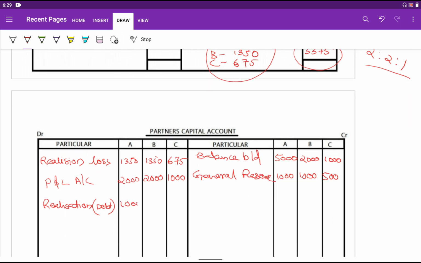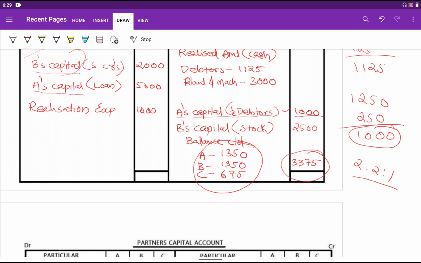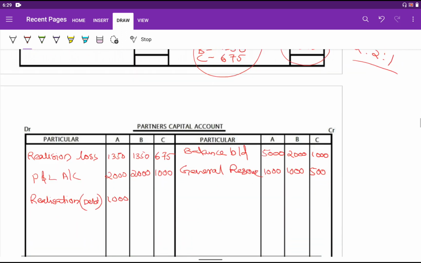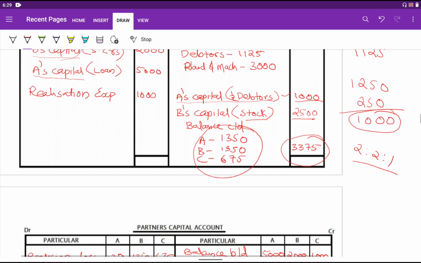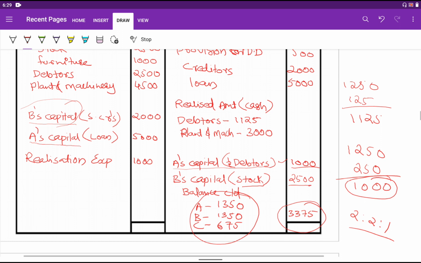Then B's capital, stock is coming. How much? 2500. So that also we write as realization, in bracket stock, in B's column 2500. Okay, now I think nothing else is there.